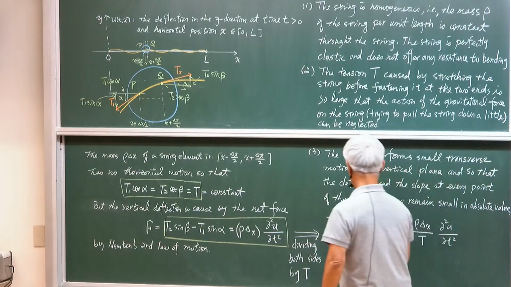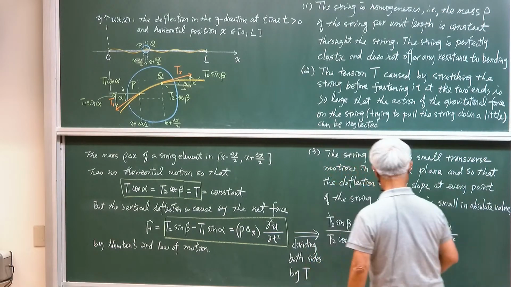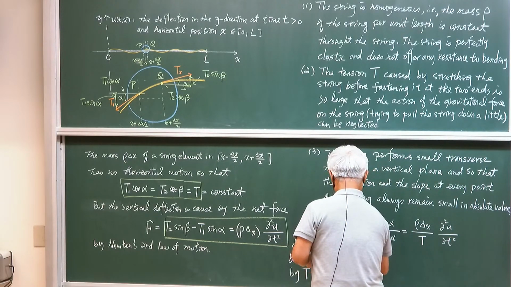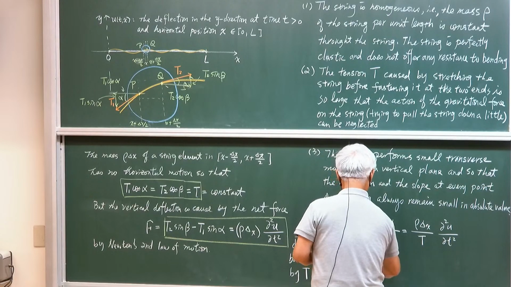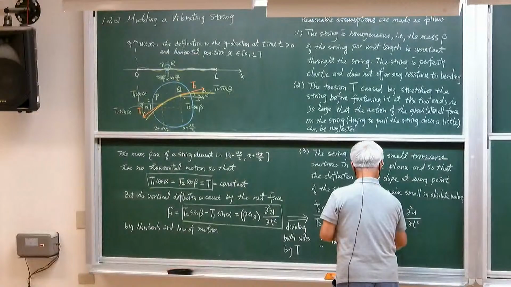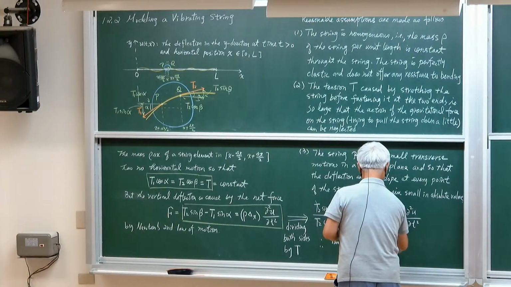Now you can cancel them. So you have tangent beta minus tangent alpha is equal to rho delta x over T times the acceleration.